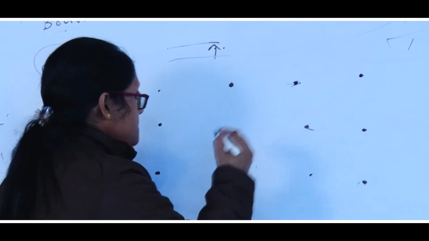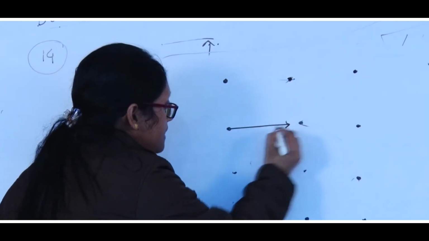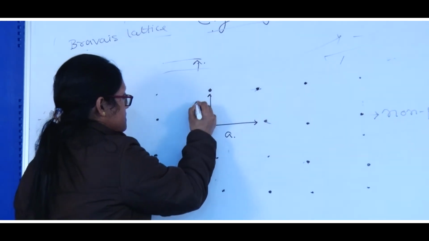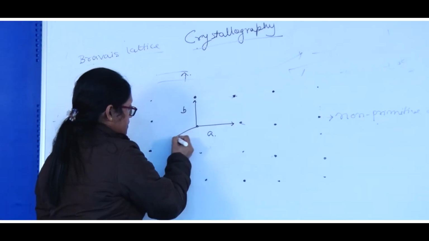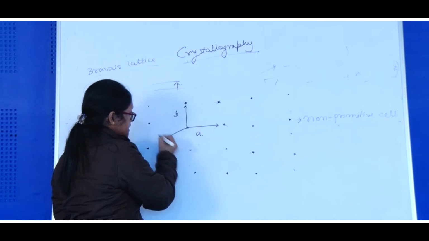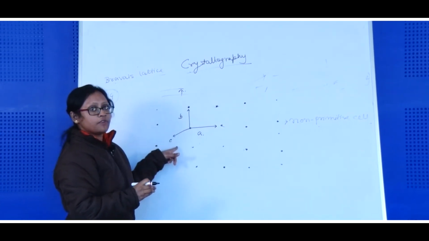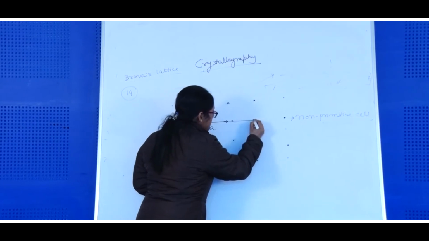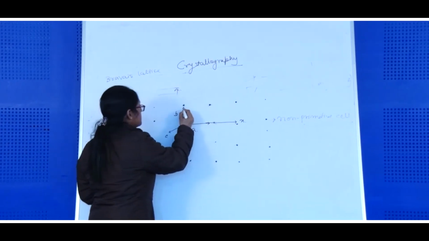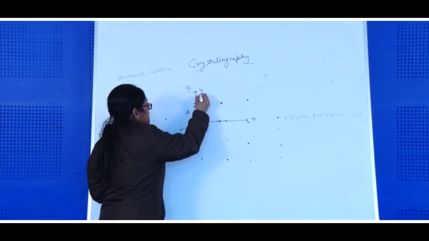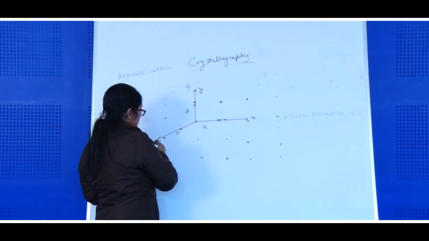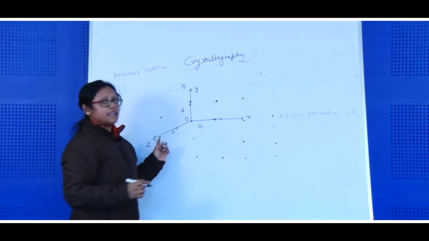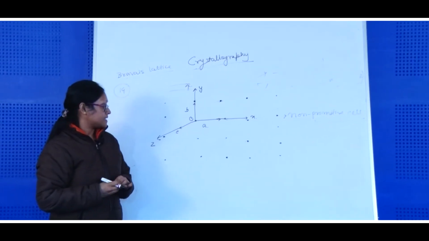See, as I said before, this is a, this is b, and perpendicular to the plane of the board is c. These a, b, c are lattice vectors. Normally we take a along the x-axis, b along the y-axis and c along the z-axis. These x, y, z are called crystallographic axes.